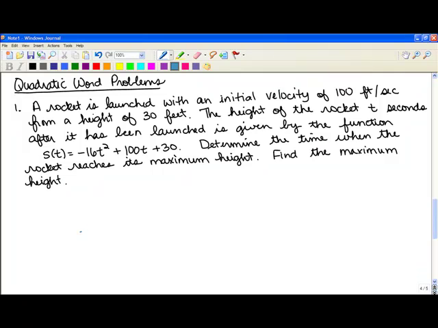Drawing a diagram, first of all, we have a rocket and it is 30 feet above ground. So it could be on a platform here being launched. Now when the rocket is launched, it's going to go up and then gravity will eventually pull it down until it reaches the ground.